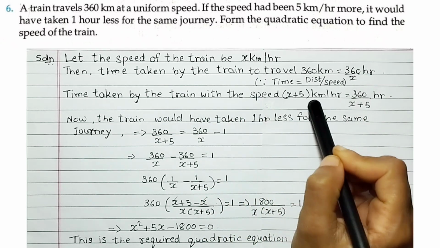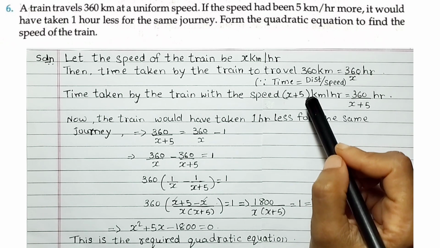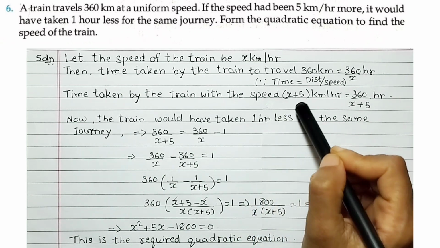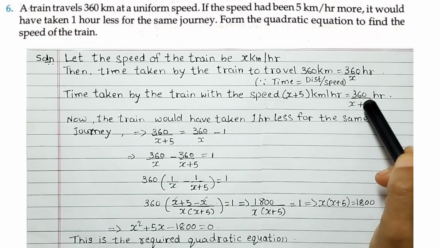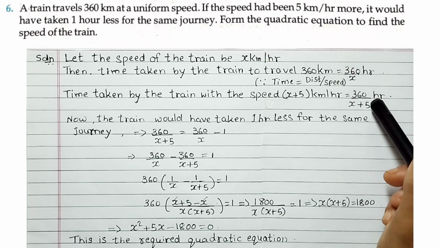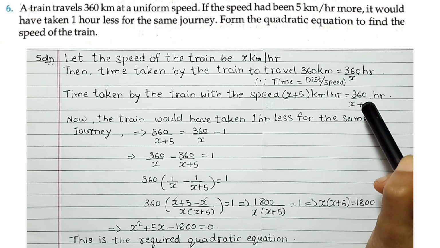Then x plus 5 km per hour is the new speed. Time taken by the train with the speed x plus 5 km per hour is 360 by x plus 5 hour. Here x changed to x plus 5.